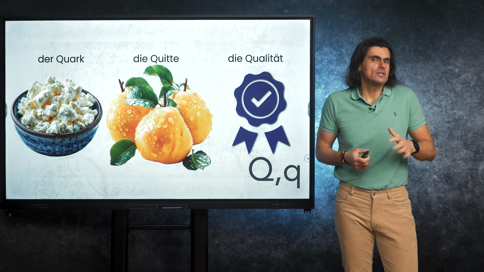I think it's quince in English. Die Quitte or Kvitte. Both is okay. Die Qualität, the quality. You can choose Q or Kv. Both is acceptable. And of course, when we borrow a Q from English, then it is pronounced the same as in the source language.